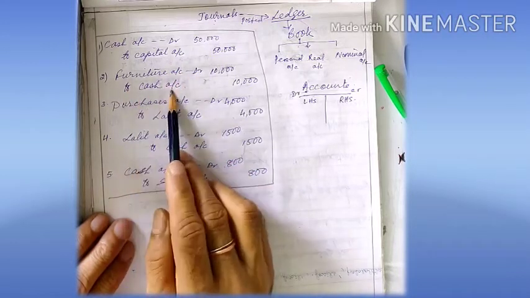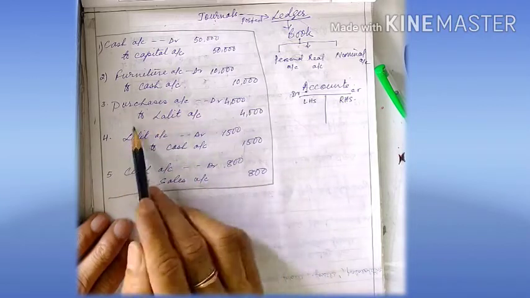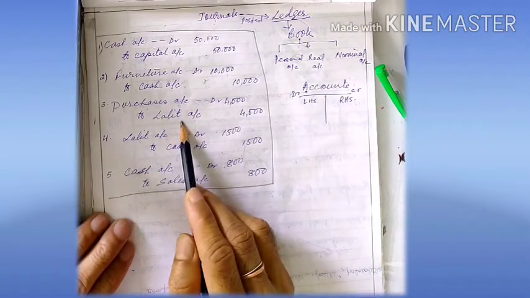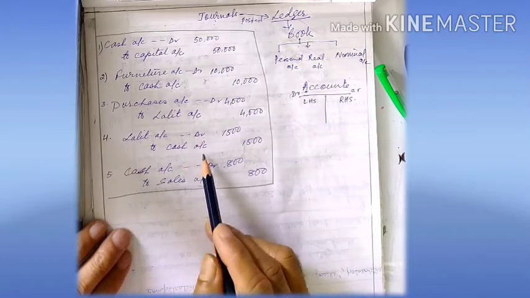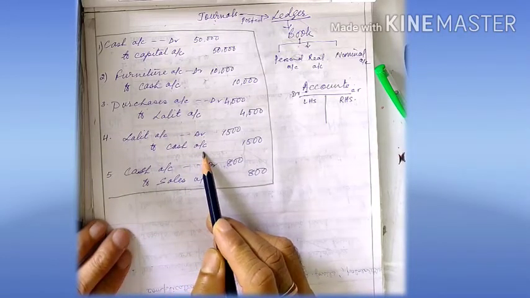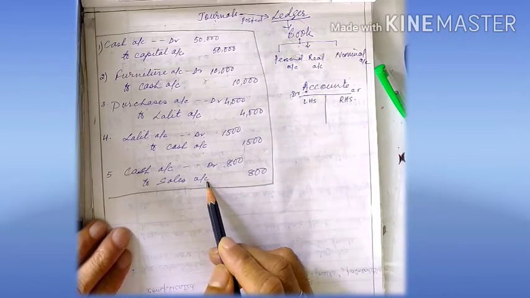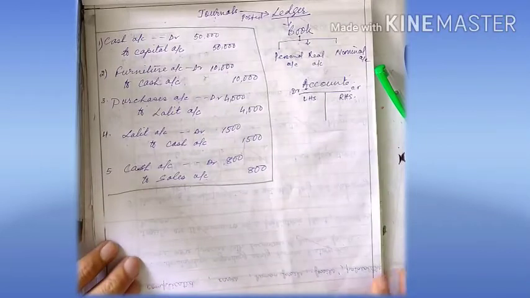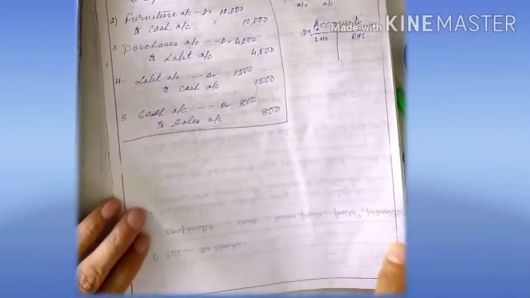Furniture account debit to cash account. This is for purchase of furniture. Purchases account debit to Lalit account. This is for purchase of goods on credit. Lalit account debit to cash account. This is for cash paid to Lalit. And finally, you have cash account debit to sales account.